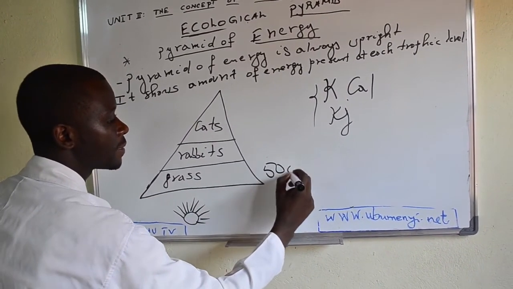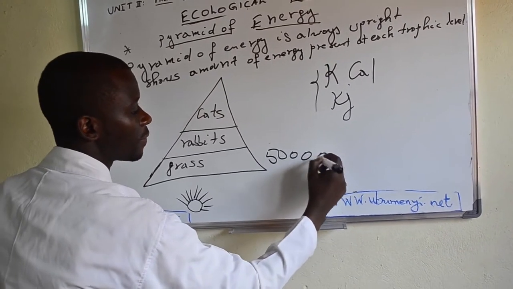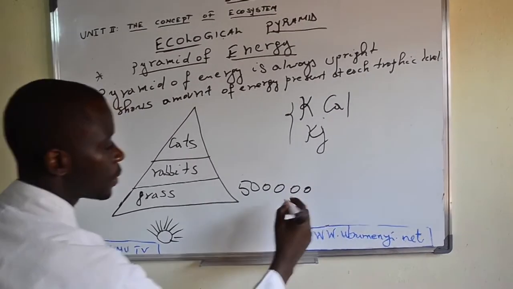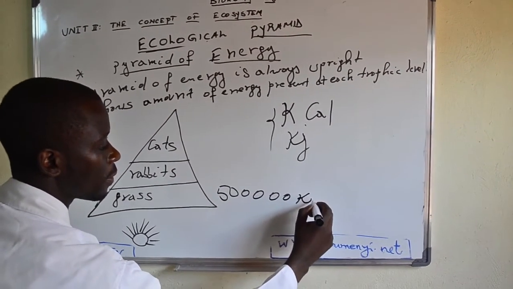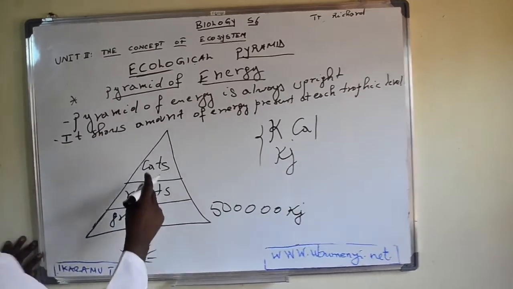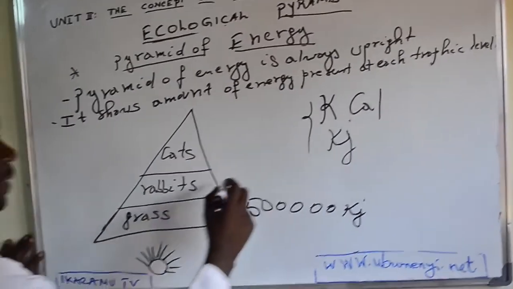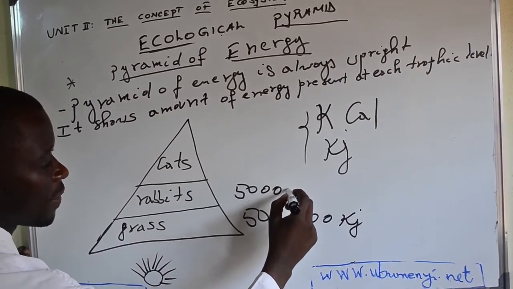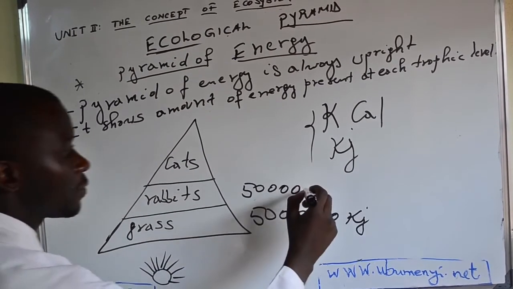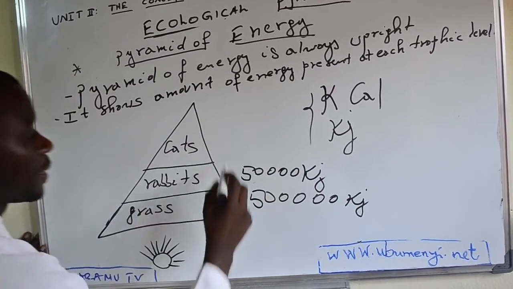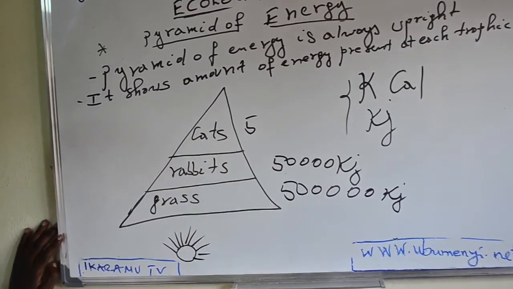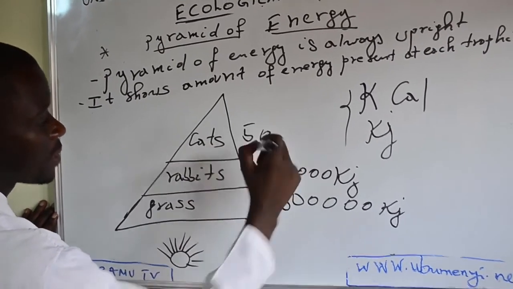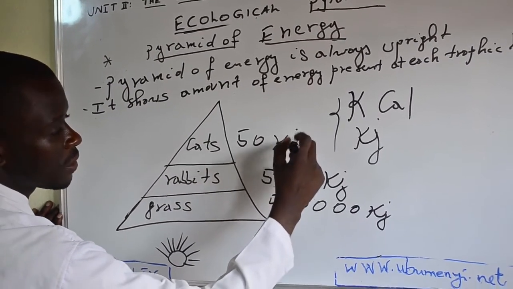Let's say it has 500,000 kilojoules. Here, let's say it can remain with only 50,000 kilojoules, and here we can remain with, let's say, 50 kilojoules.